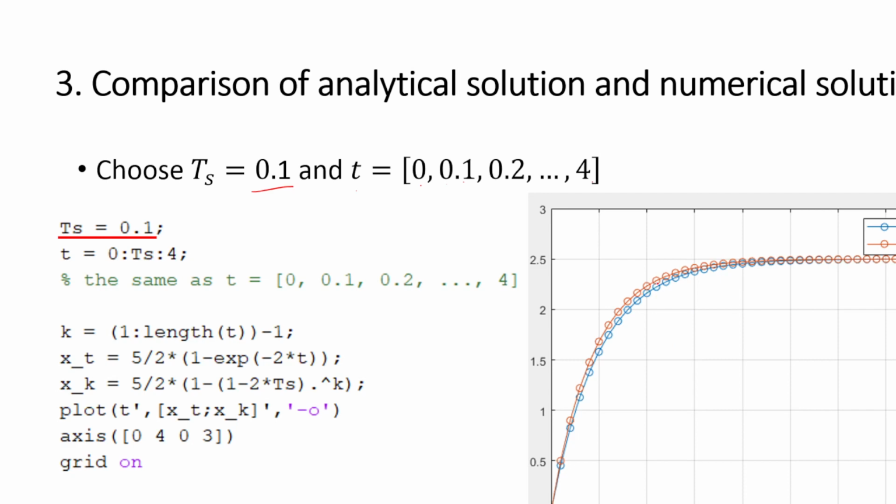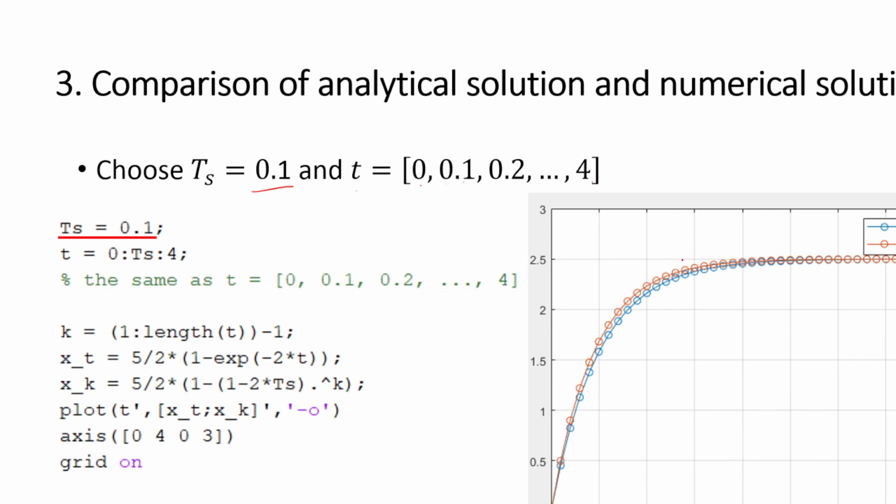So what happens when I choose t even smaller than this, say 0.001 second or 1 millisecond? So of course these two curves will almost overlap, right?